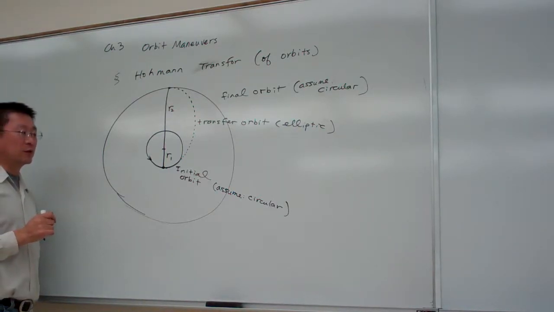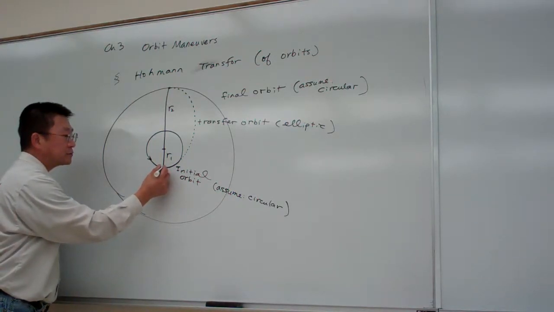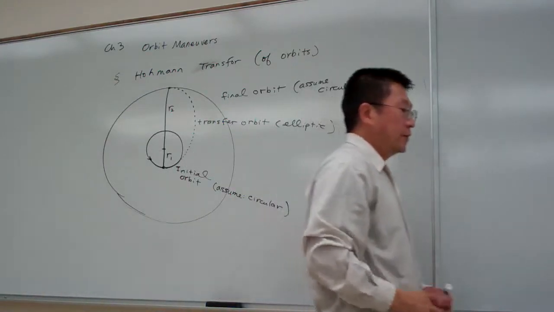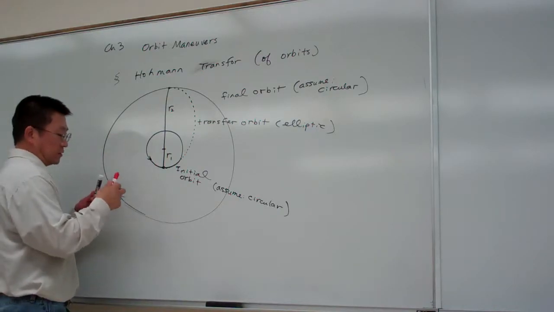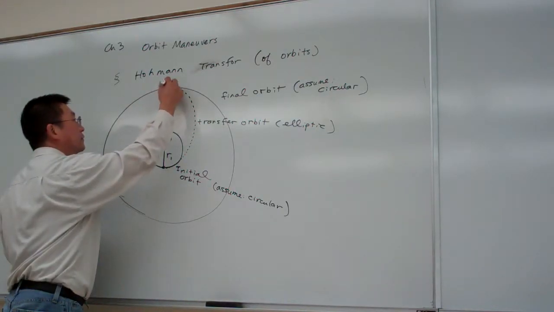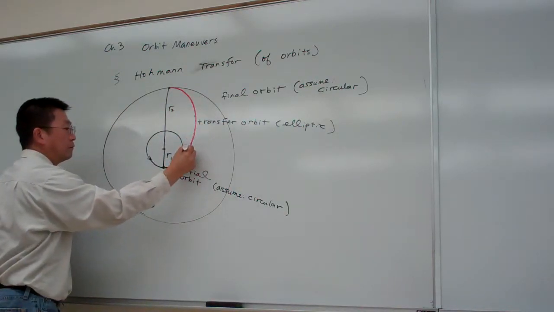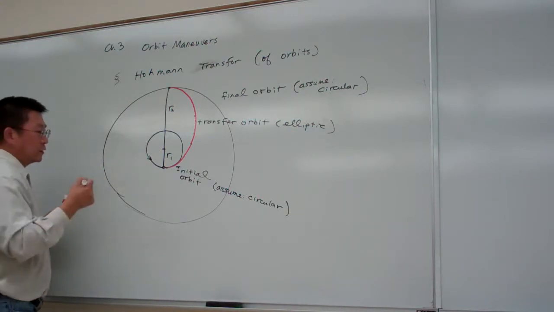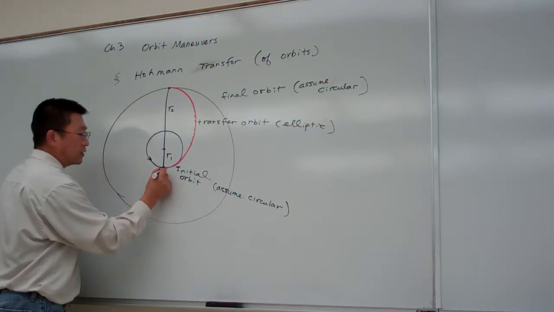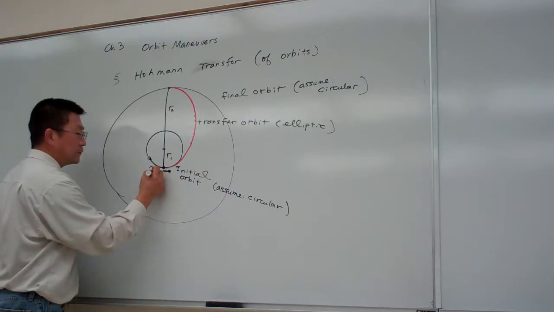We can determine, at this point, we need to have certain data V. So let me use color. Okay, that's the transfer orbit. At this point on the initial orbit, the velocity is this, let me call it V1.